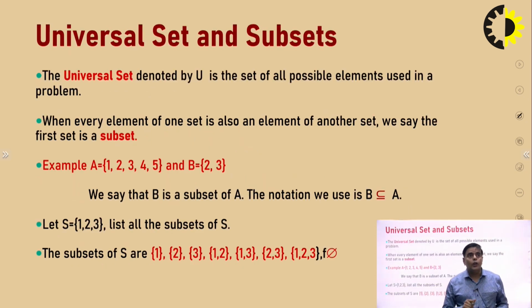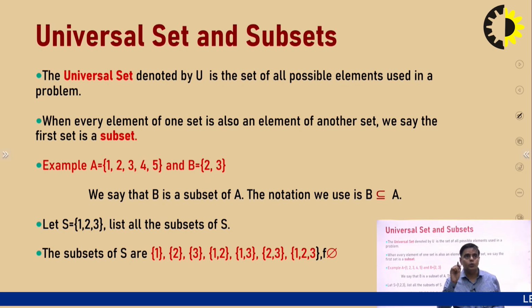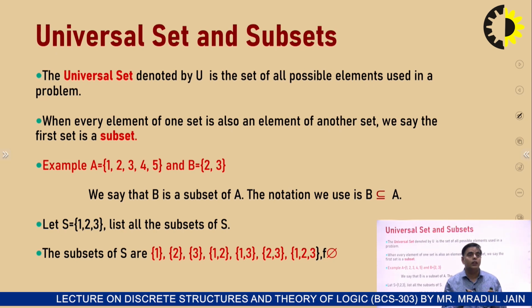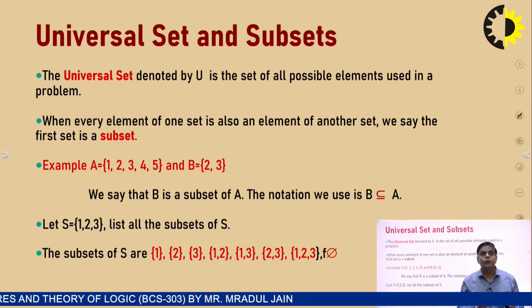Next is the universal set. A universal set, denoted by capital U, is the set of all possible elements used in a problem. Whatever elements you are using in the problem, all of them should be considered as the universal set.